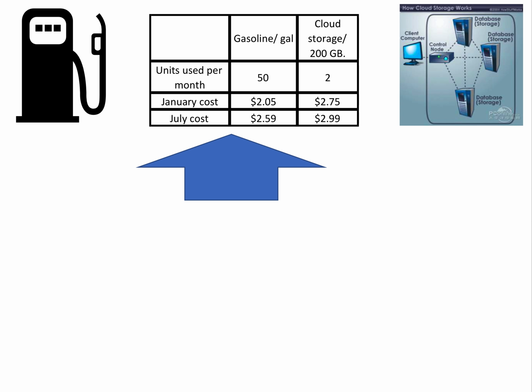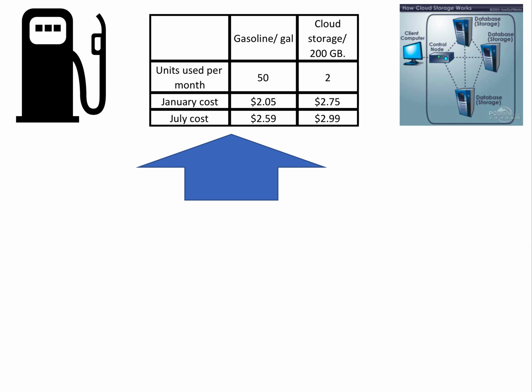So let's say we used 50 gallons of gas per month during this time, and the average cost in January was $2.05. The average cost in July was $2.59. Now, at the same time, some of us with iPhones are using cloud storage, iCloud, and if you wanted 200 gigabytes of storage, and you were going to use 2 of those, or 400 gigabytes in a month on average, and let's say this is the total amount that is produced by this country.